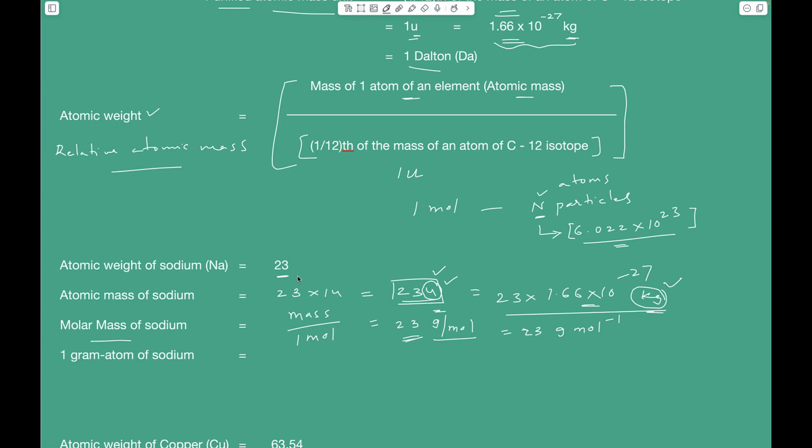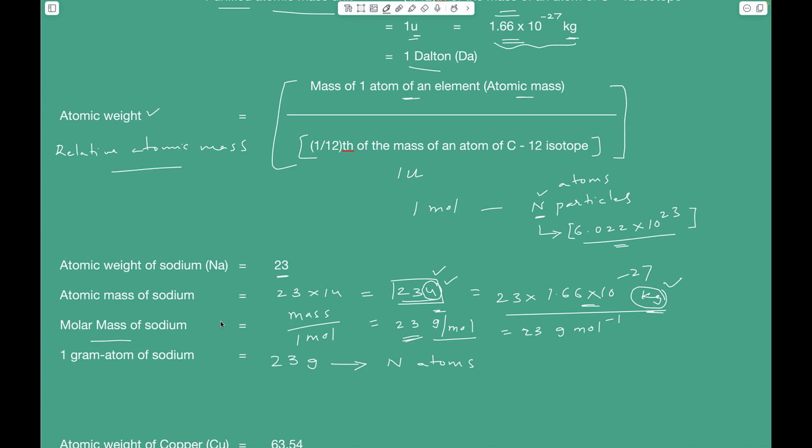Because the atomic weight of sodium is approximately 23, 1 gram atom of sodium is approximately 23 grams. As simple as that. And you know, 1 gram atom of any element contains an Avogadro's number of atoms. We have proved this in some other video.